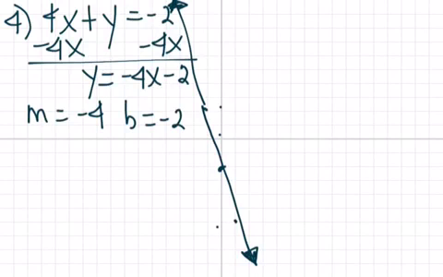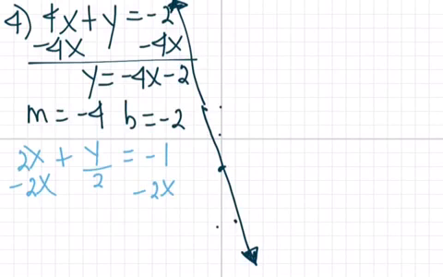The other equation is 2x plus y over 2 equals negative 1. Subtract 2x from both sides. So you have y over 2 equals negative 2x minus 1.